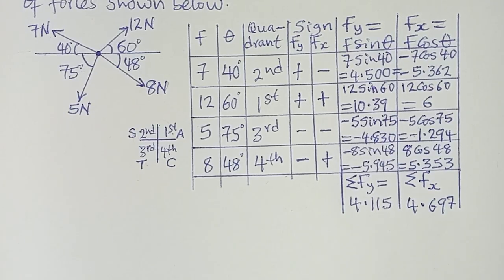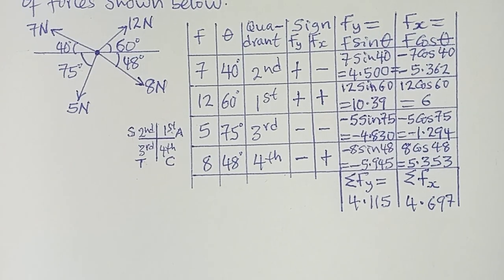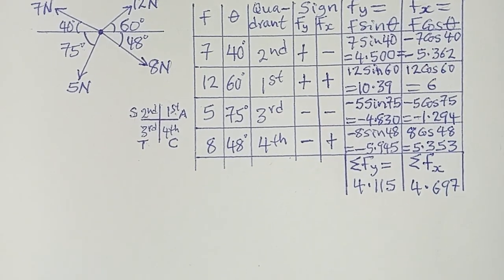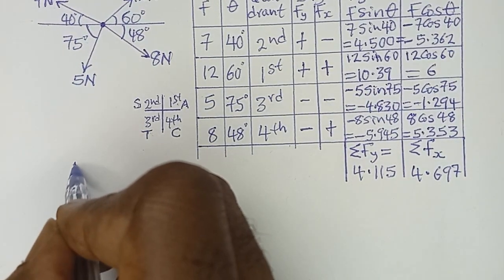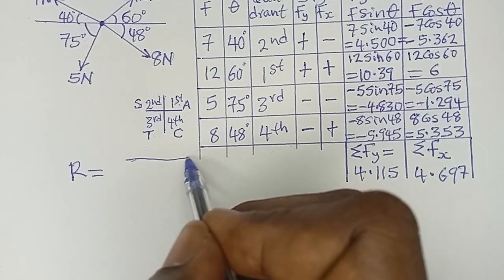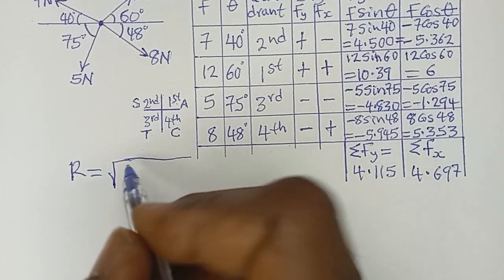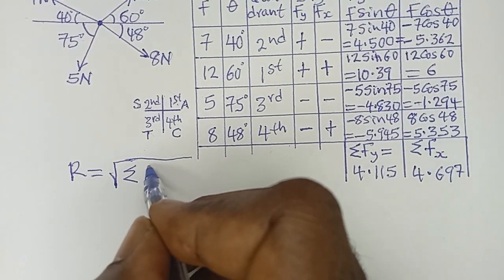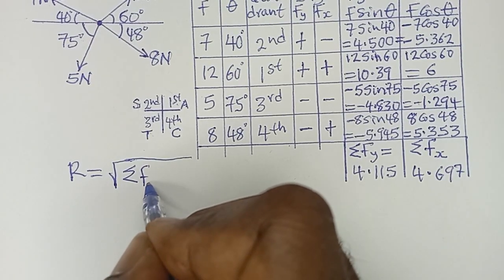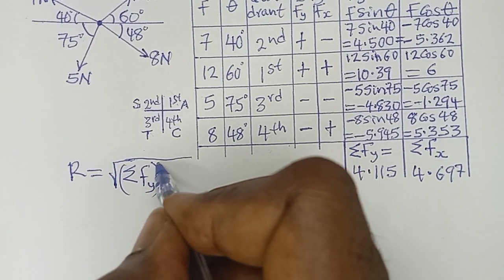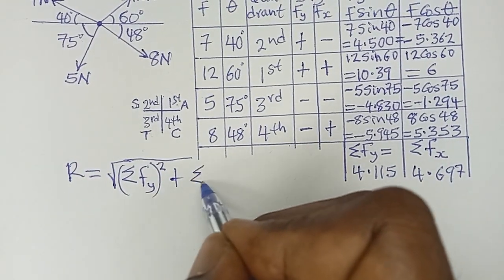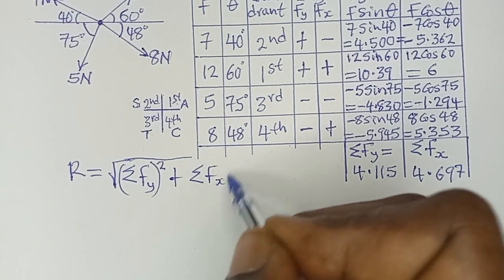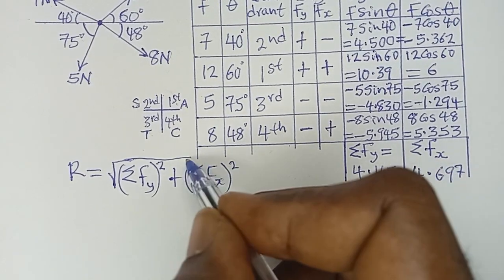Now that we have the total values, we can go ahead and find the resultant of the forces. There's a formula for this resultant, and that formula is R equals the square root of the summation of f of y squared plus the summation of f of x squared.